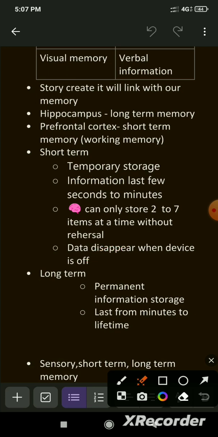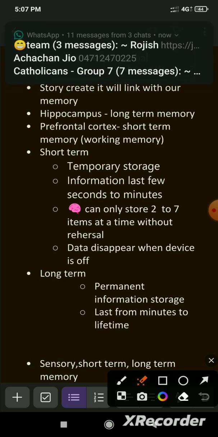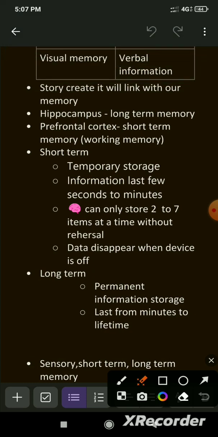When we are learning or reading something, or getting a new word, we can hold 2 to 7 items at a time without rehearsal. Only when we rehearse or recite it again will it be retained in our memory.